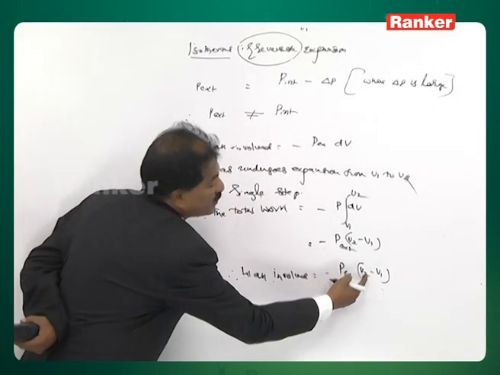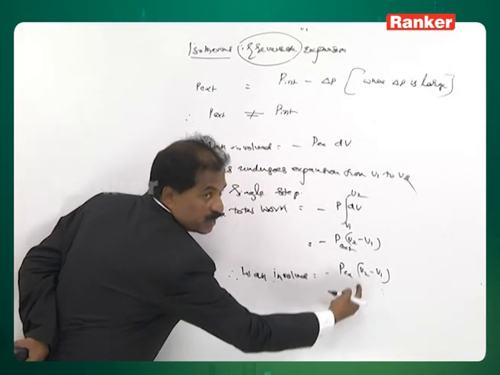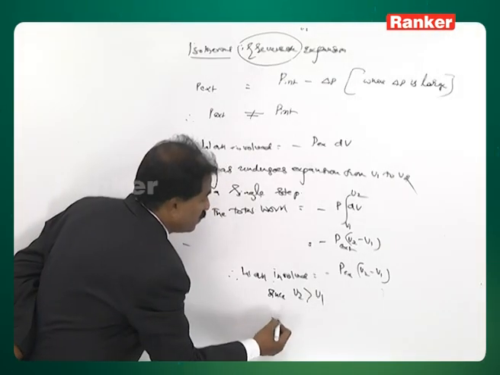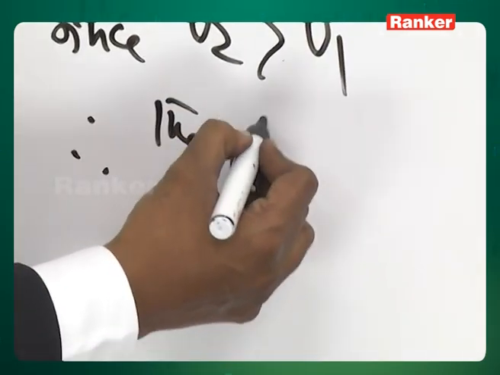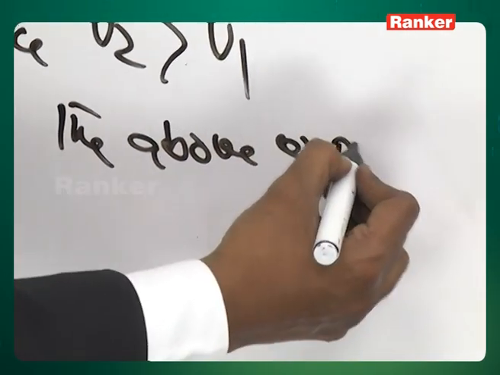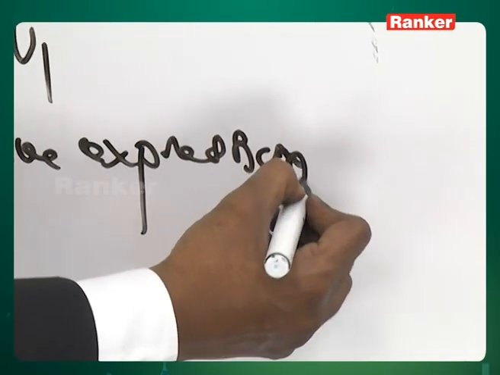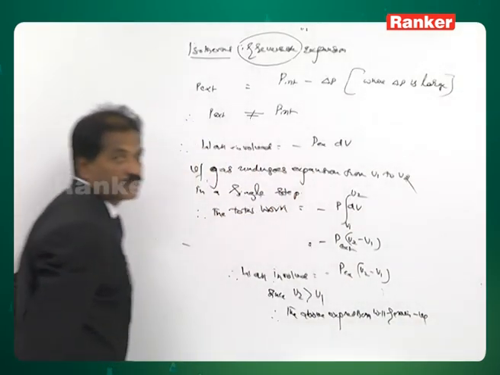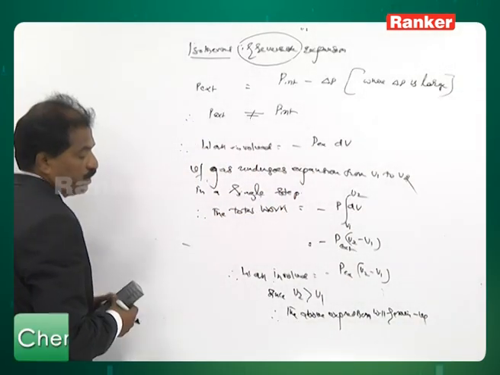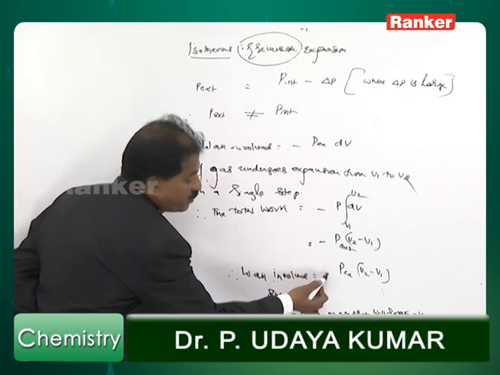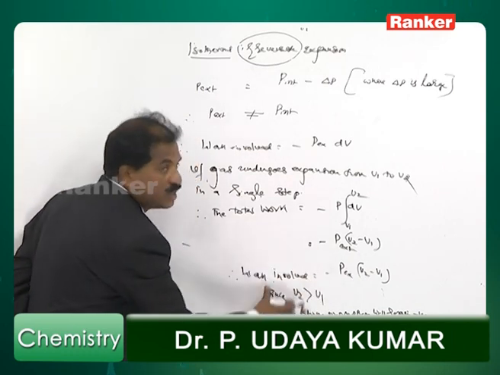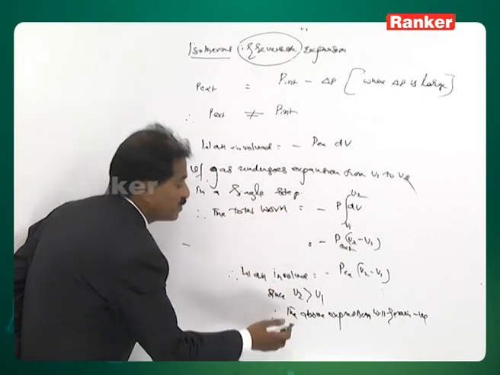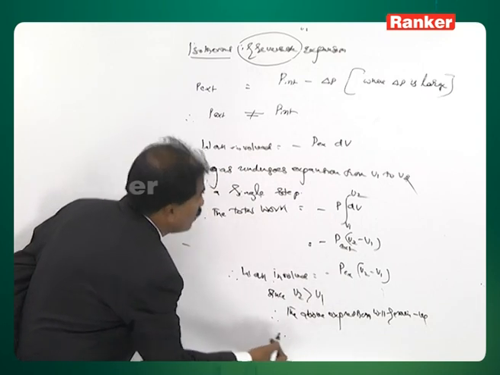Here V2 is greater than V1, therefore this expression will remain negative. If the expression remains negative, that indicates the gas is doing some work, the gas is undergoing expansion, the gas is spending its own internal energy.